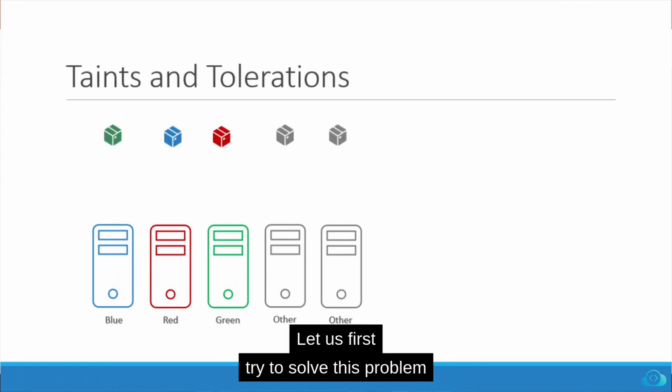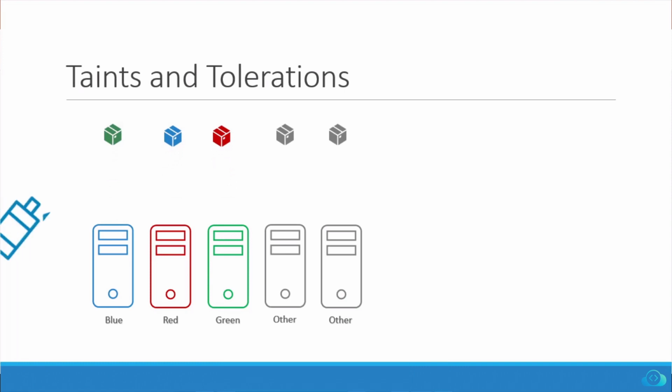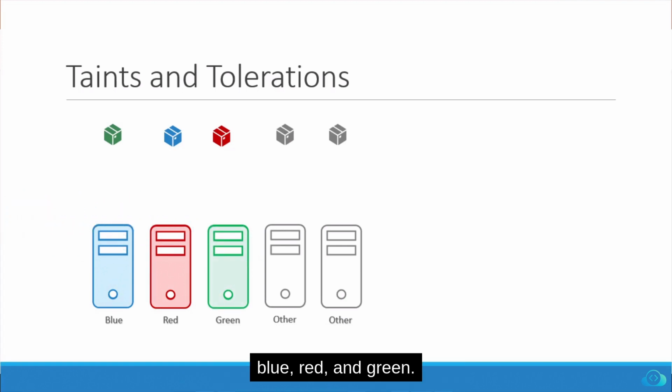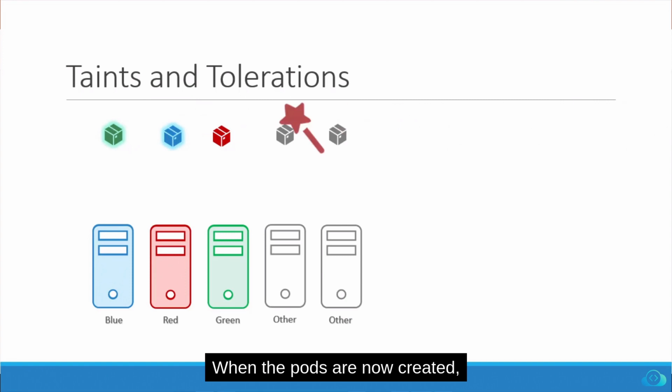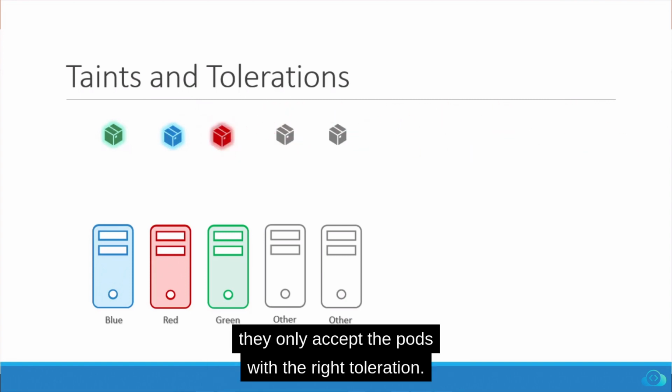Let us first try to solve this problem using taints and tolerations. We apply a taint to the nodes, marking them with their colors: blue, red, and green. And we then set a toleration on the pods to tolerate the respective colors. When the pods are now created, the nodes ensure they only accept the pods with the right toleration.